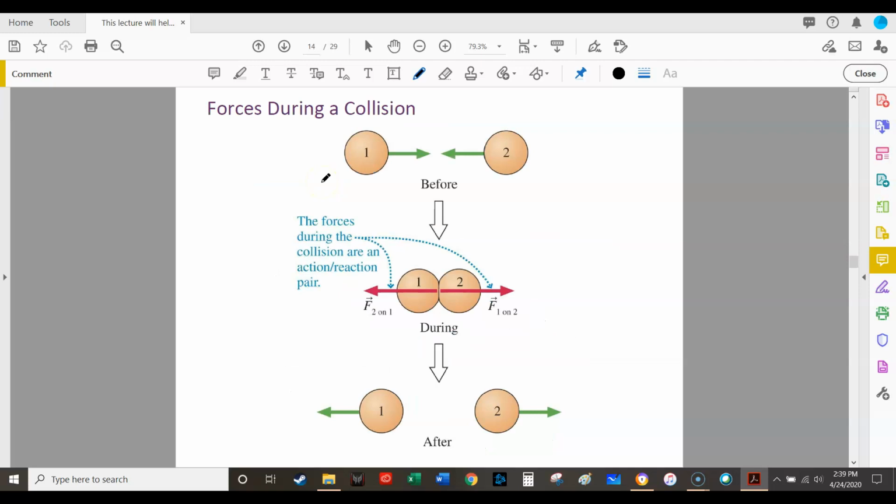And here's an example of what we're talking about. Suppose you had ball 1 that had a positive momentum to the right, ball 2 that had a negative momentum to the left. When they hit, they are going to be providing equal and opposite forces, right? Forces are always equal and opposite, Newton's third law.